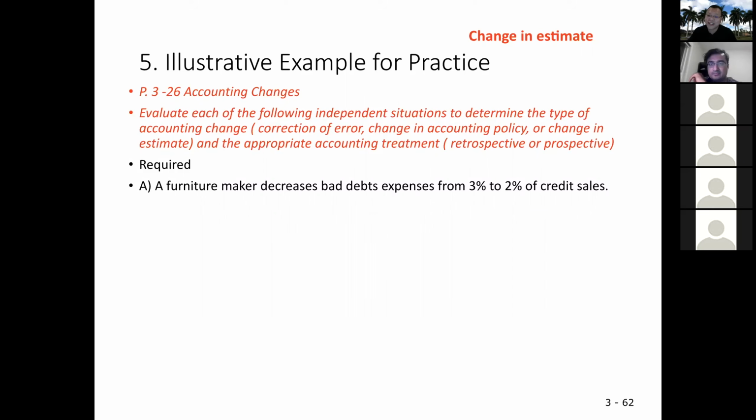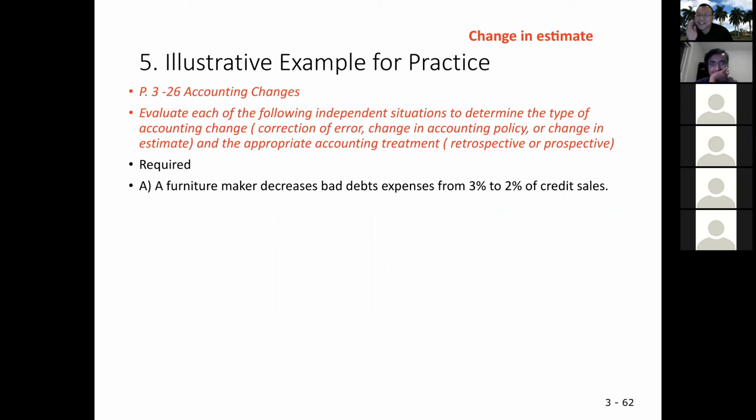Remember, there are two different policies to calculate bad debt expenses. One way is very easy: you use the percentage of the credit sales. The other way involves more calculations, the aged AR, right? For different age groups, you assign a different percentage, and then you calculate what your allowance for doubtful accounts should be, right? And then the difference between the two years is your bad debt. Remember that? So it's a change in estimate, right?